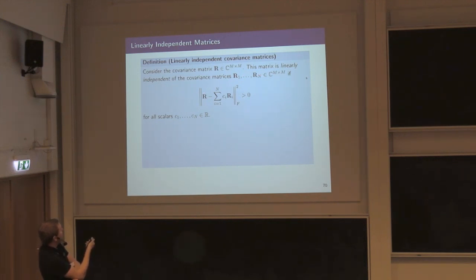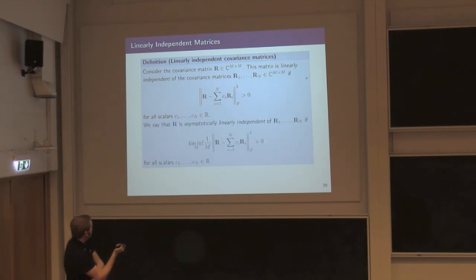And mathematically, that means that R minus a sum of the other covariance matrices multiplied with some scalars will be strictly greater than 0 for whatever values of these scalars that we are selecting. So for all such values.